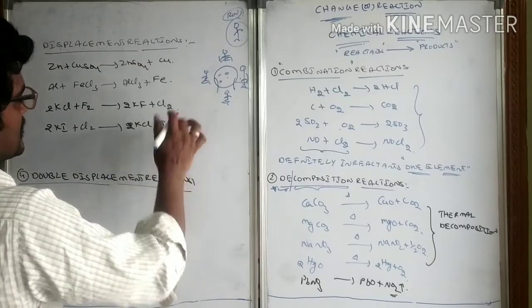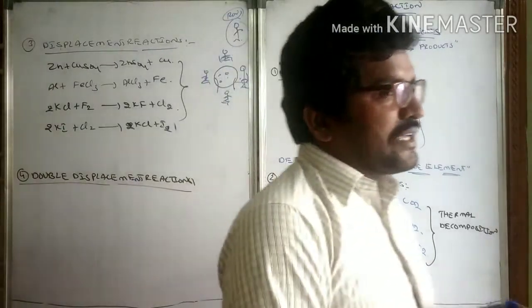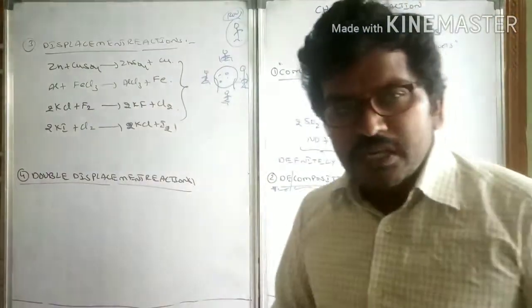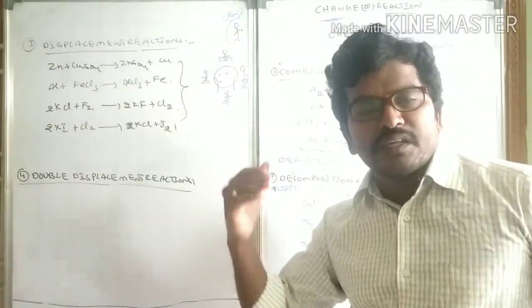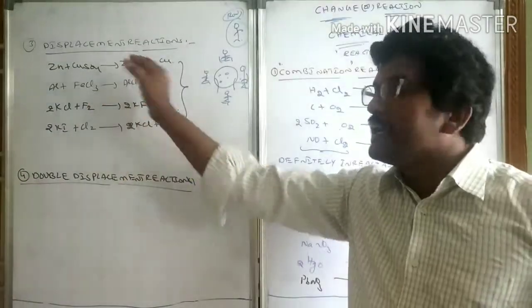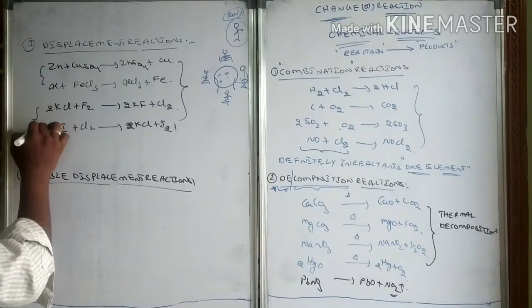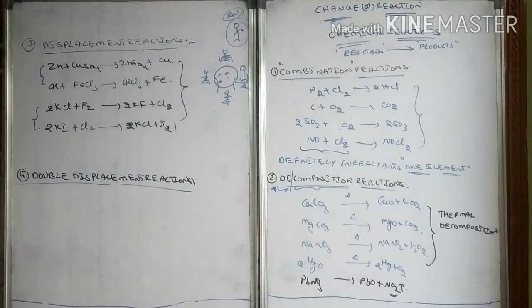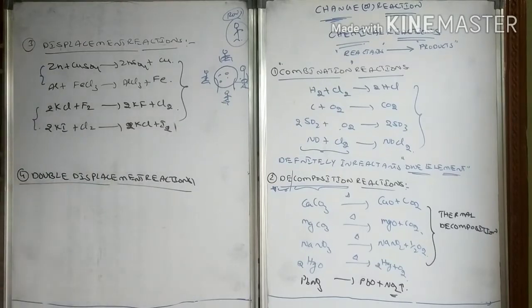Like this we can have reactions. So displacement reactions are reactions in which one element replaces another element from its compound. In this displacement, the displacement order is very important, which will displace which element from its compound. This is a very important thing.